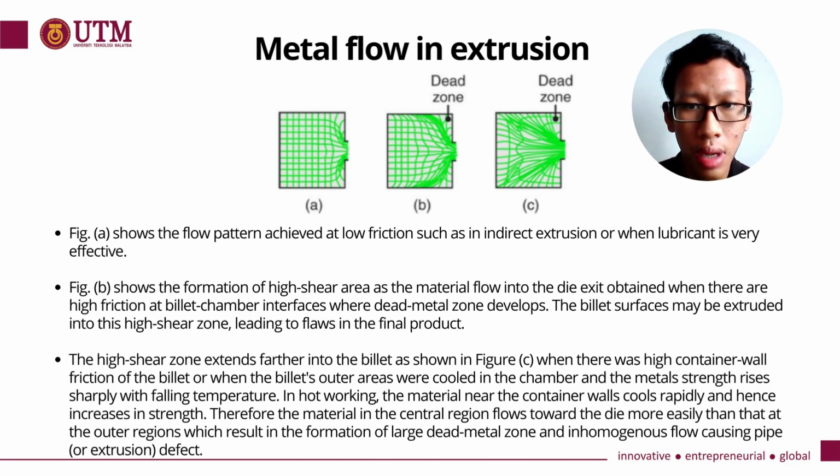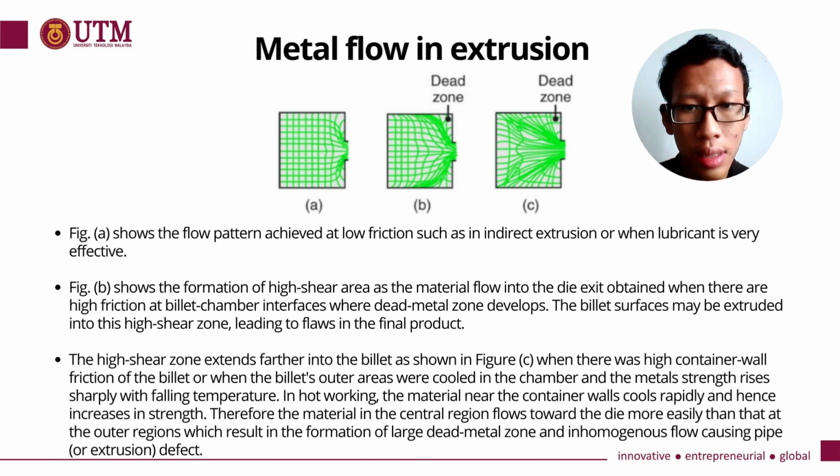It is because of the high friction at the billet chamber interface, where we can also see the development of a dead metal zone. The billet surface may be extruded into the high shear zone, which leads to flaws in the final product.